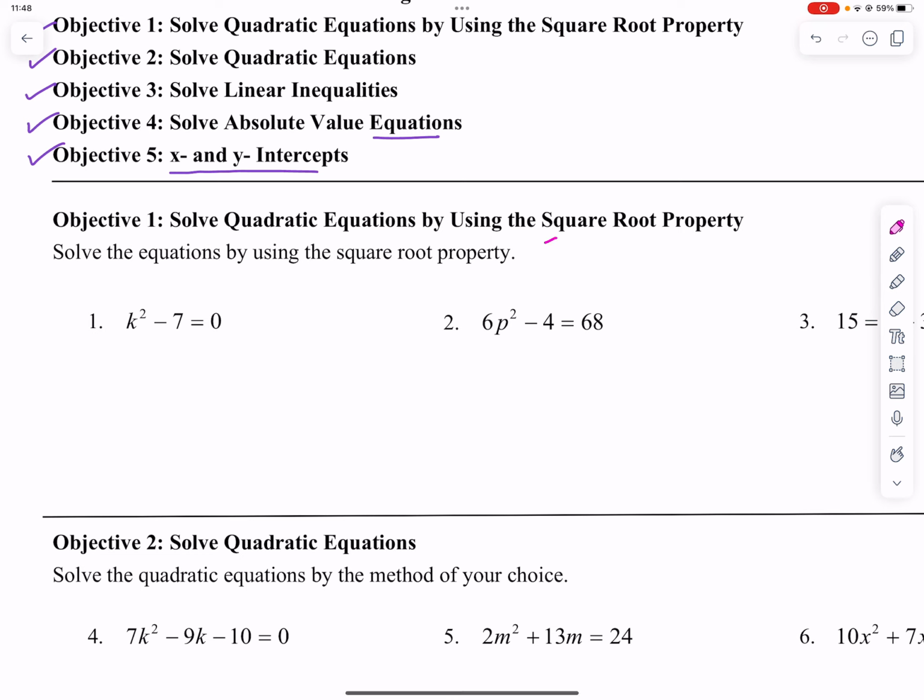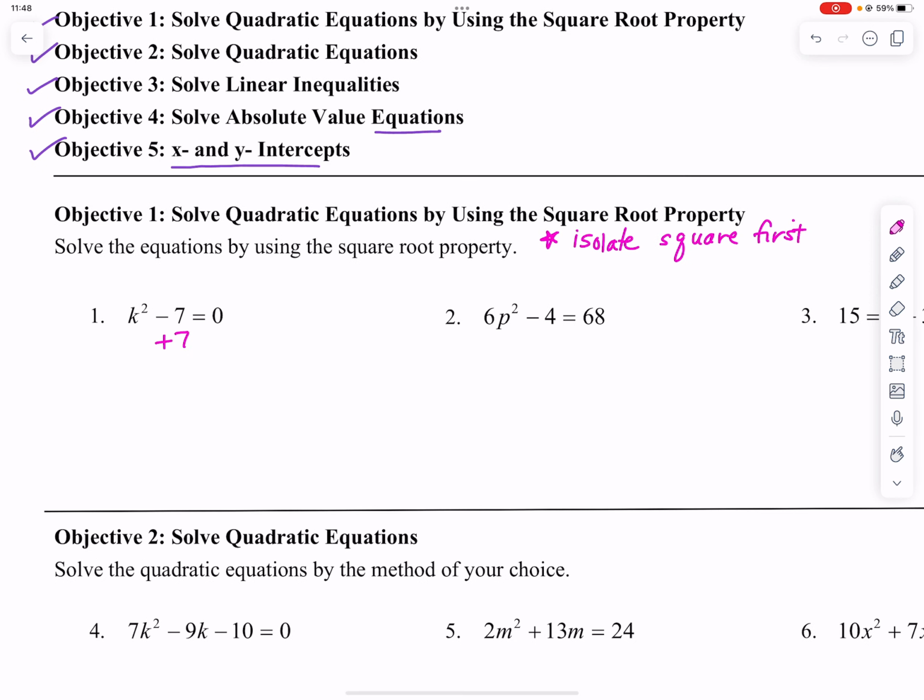So we want to isolate the square first, and then we will take the square root of both sides. So here we will add 7 to both sides. And as you can see, we will end up with k squared equals a positive 7.